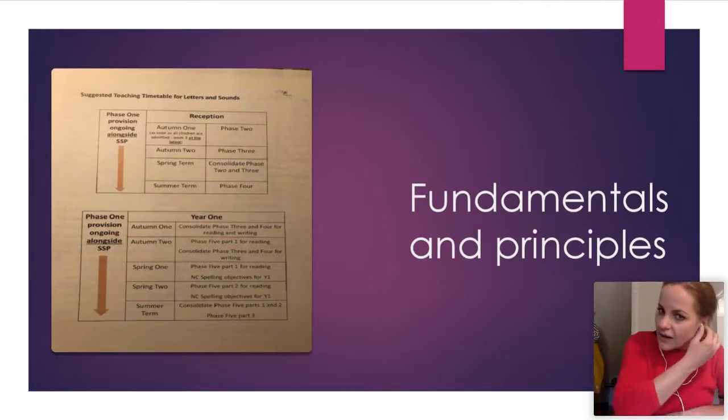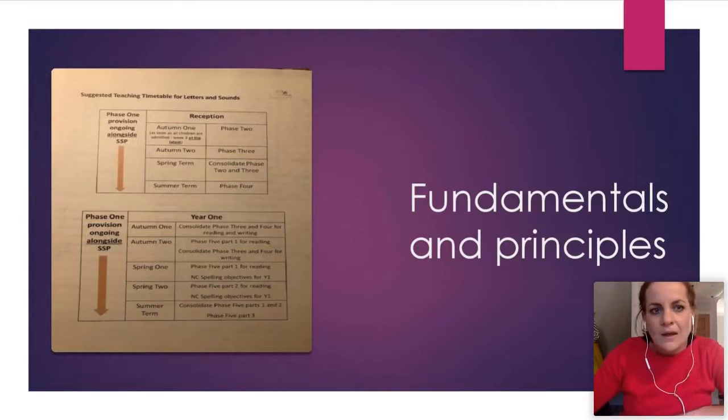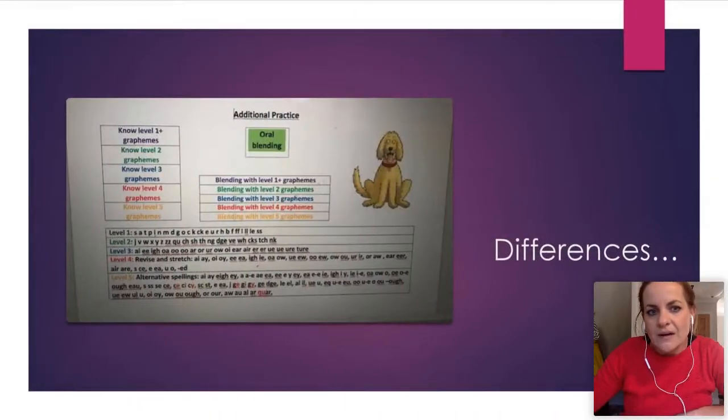You would often do that in nurseries and settings. But once they start Reception, on entry to school, we should be starting them on Phase Two of those sounds. Very similarly with Floppy's Phonics here.